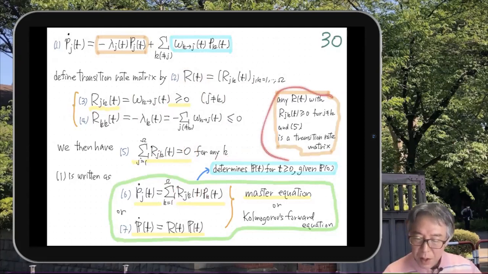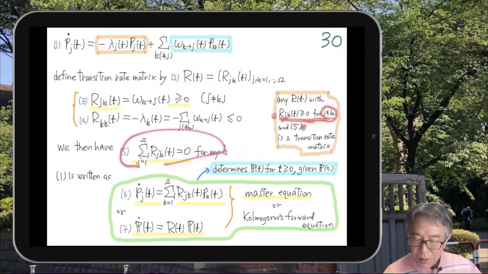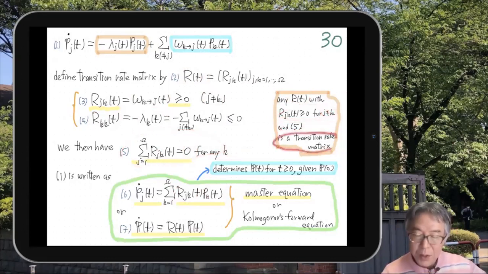In general, if a time-dependent matrix R(t) satisfies two properties, one that the off-diagonal elements are non-negative, and this sum property, then it's called a transition rate matrix. And of course, you can write down the corresponding transition rates. So this contains essentially the same information as omega(t).